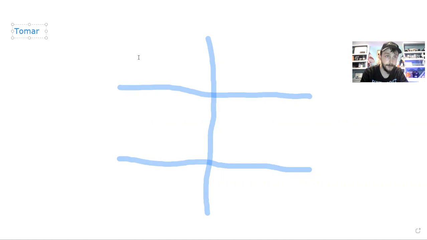So conjugating in the yo form, you have yo tomo. Conjugating in the tú form, you have tomas. See? Conjugating in the él, ella, y usted form, you have toma.